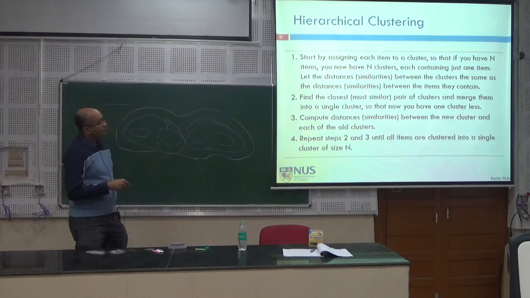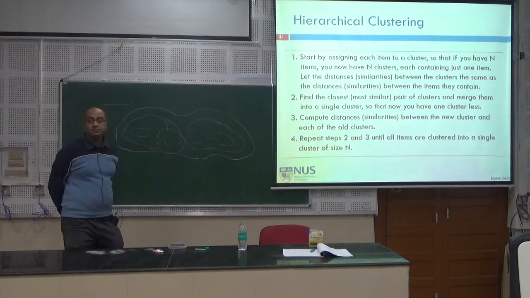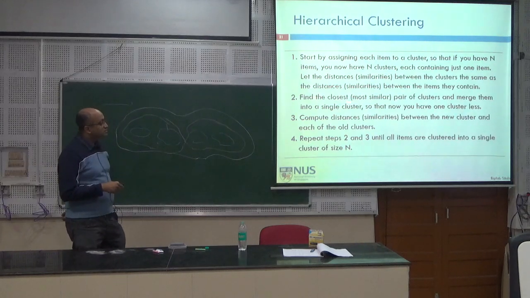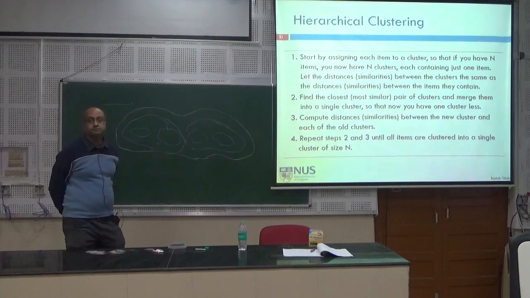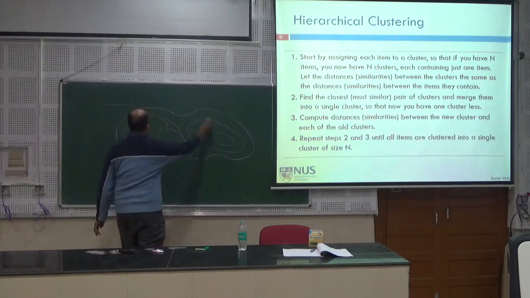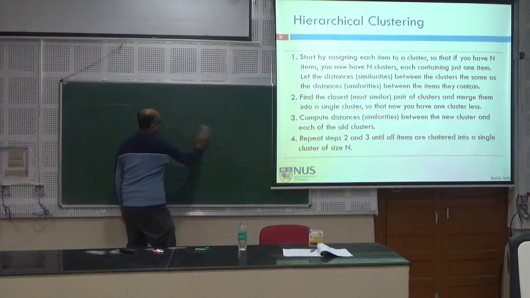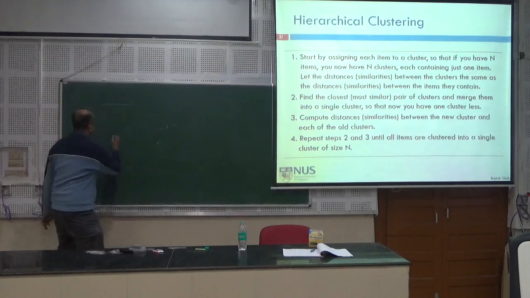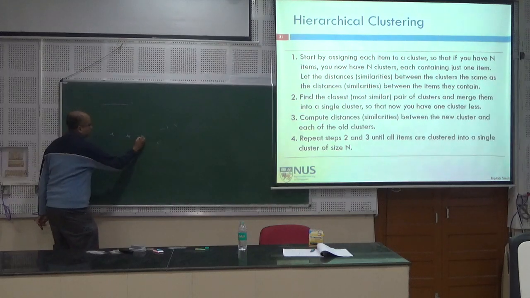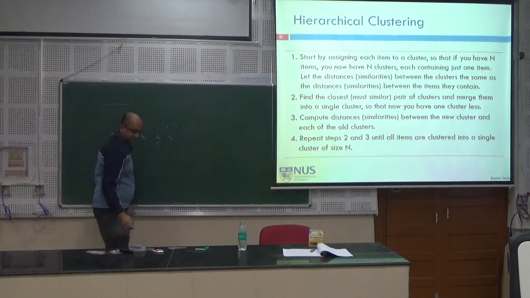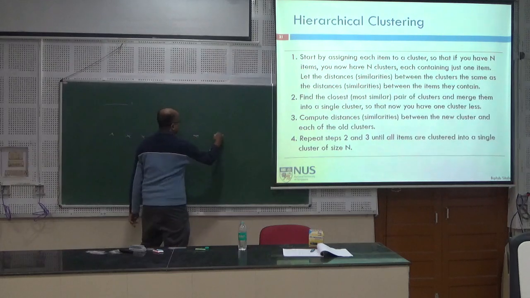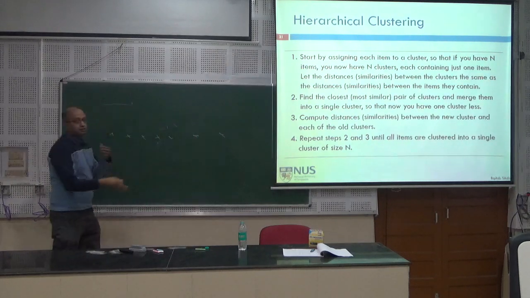And you have to define some kind of a distance measure and so on. And what we will now do is find the closest pair of clusters. Let's do this diagram. So these were my nodes, let's say. I'm just doing it in one dimension.